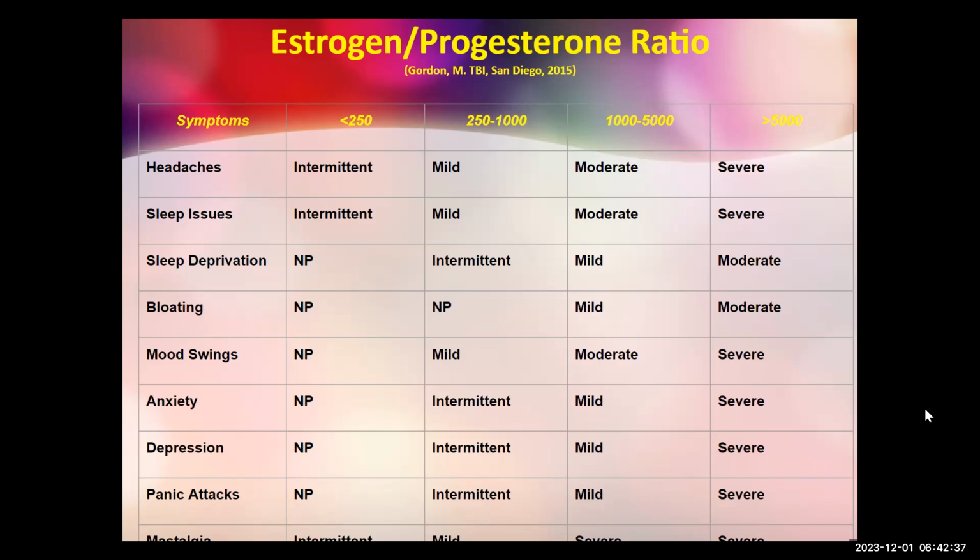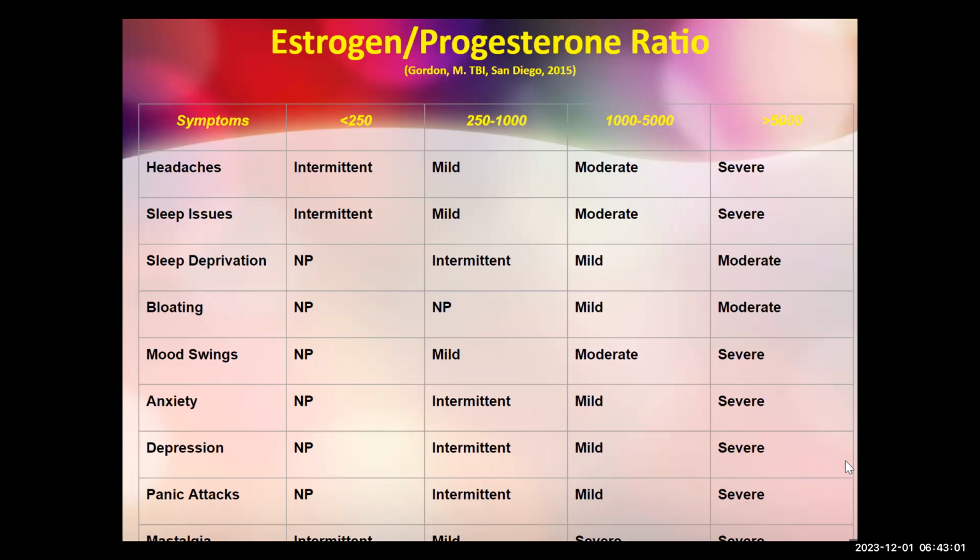So remember, estrogen causes cysts. So ovarian cyst, uterine cyst, which we call fibroids, endometrial cyst, which we call endometriosis, breast cyst, breast tenderness, fibrocystic breast disease, spotting between periods, and gallstones are all symptoms of estrogen excess.